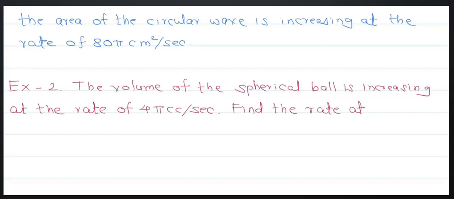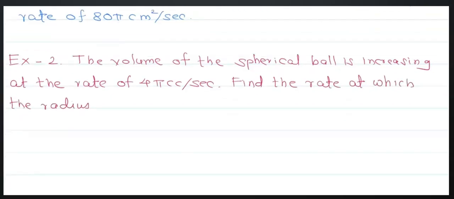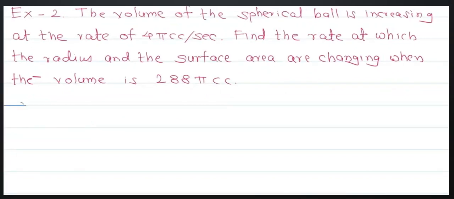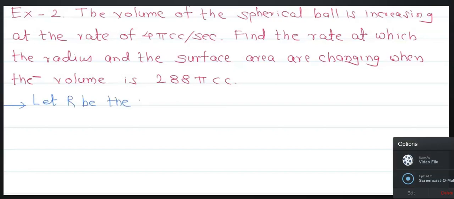Find the rate at which the radius and the surface area are changing when the volume is 288 pi centimeter cube.